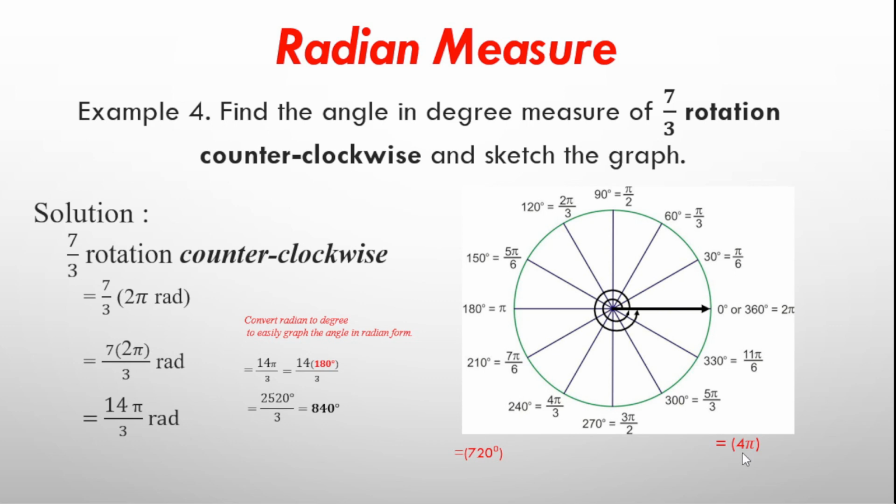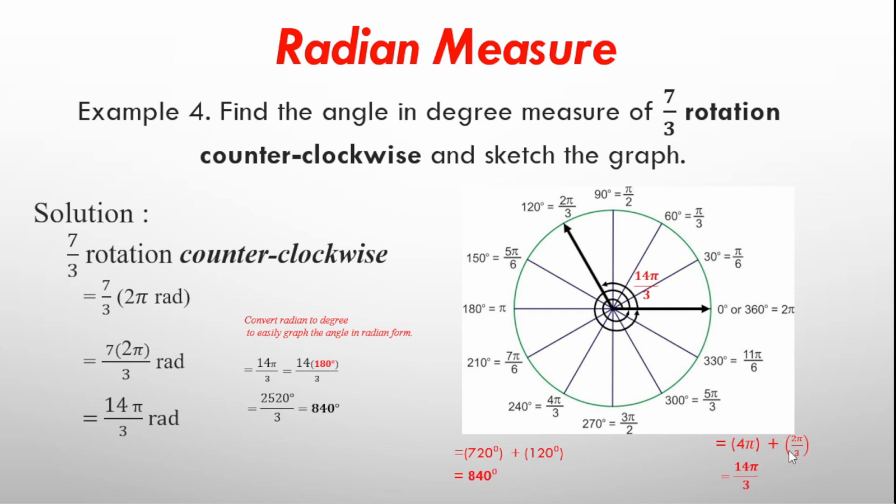Since 4 pi is only 720 degrees and we are supposed to graph 840 degrees, this graph must be extended up to 120 degrees. So in short, the 720 degrees will be added 120 degrees to make it 840 degrees.